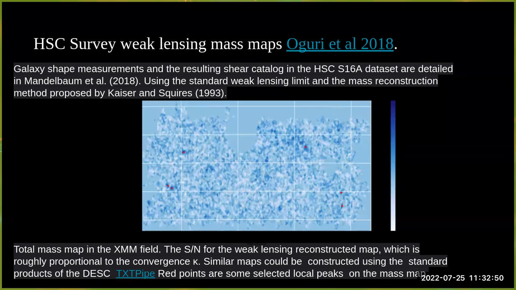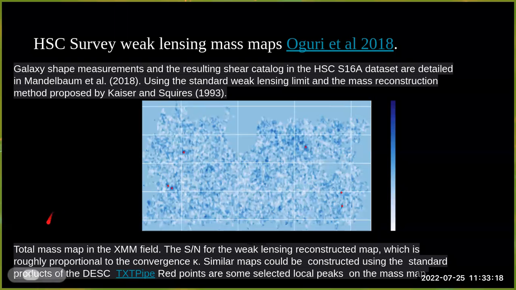The red dots are local peaks that I selected on this mass map. There are different options for how to filter or produce this map, but the more important peaks are consistent between different selections.